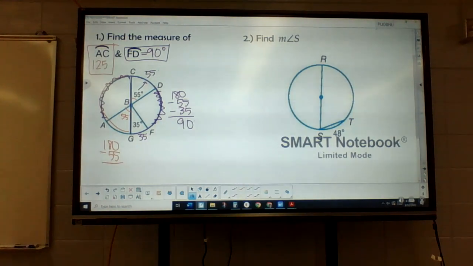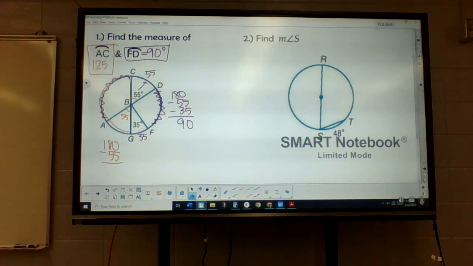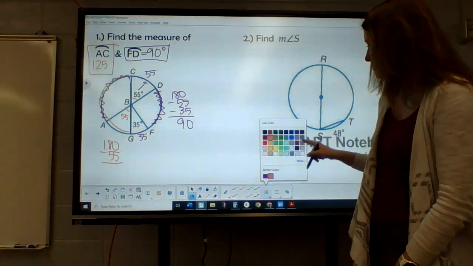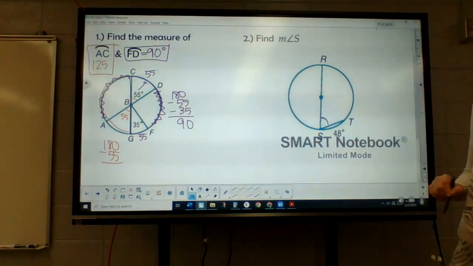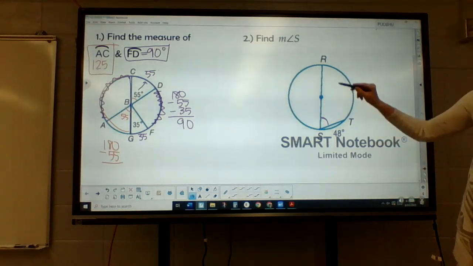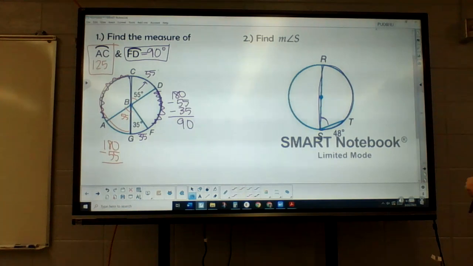So remembering the difference between central angles and inscribed angles. This next one is an inscribed angle. So they want the measure of angle S here. Angle S is this angle here, and that's what we call the inscribed angle because it's not centered in the center of the circle. Now, I have the fact that this is going to be 180 here.